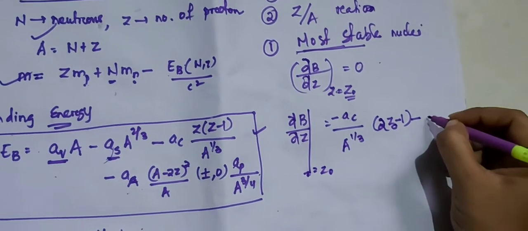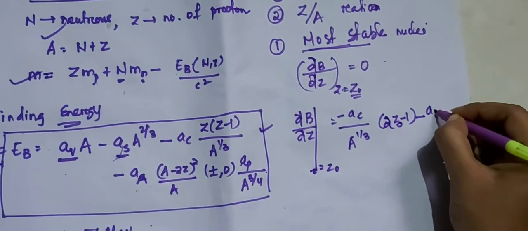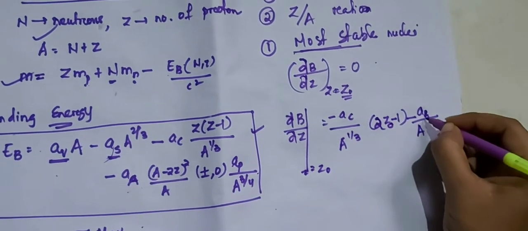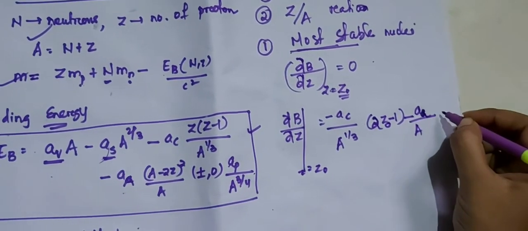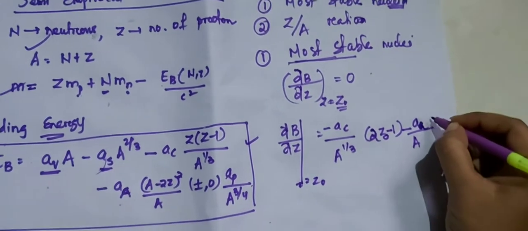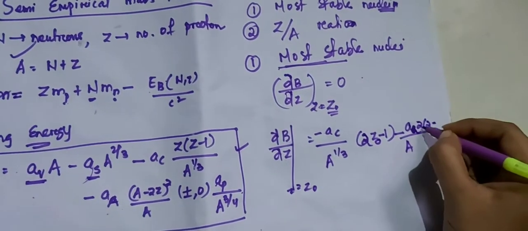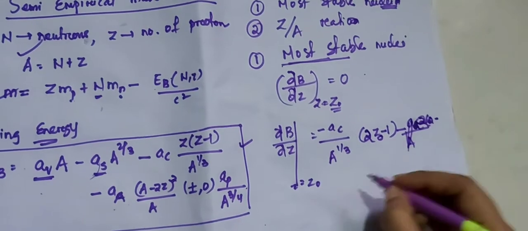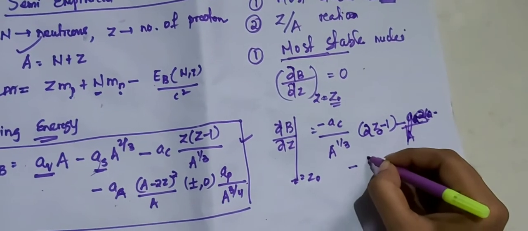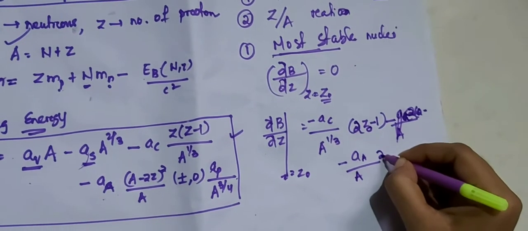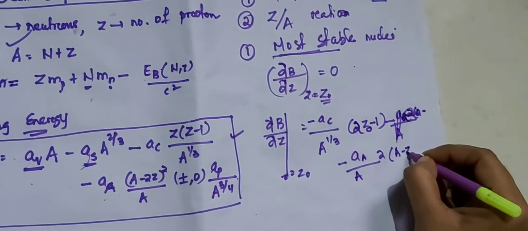Differentiating the fourth term, the asymmetric energy term, I get minus AA by A times 2(A minus 2Z naught) into minus 2.